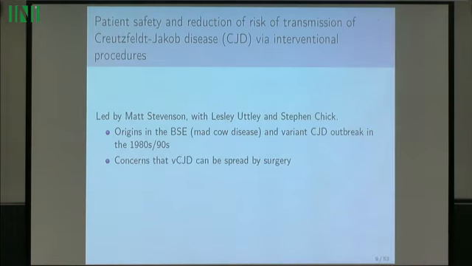And there was a concern that you could spread variant CJD via surgery. So you operate on someone who's got the disease, you think you've decontaminated your surgical instrument, but the decontamination doesn't work, and then you operate on another patient, and then you spread the prions that carry the disease from one patient to the next.